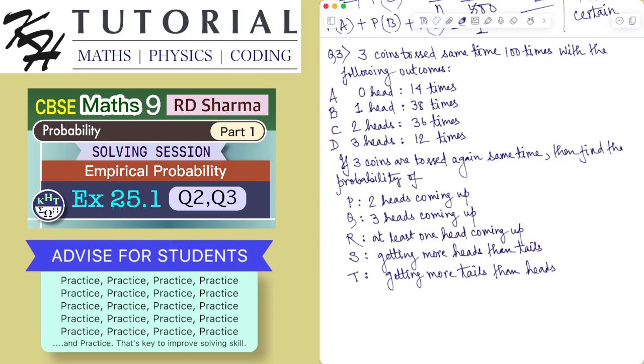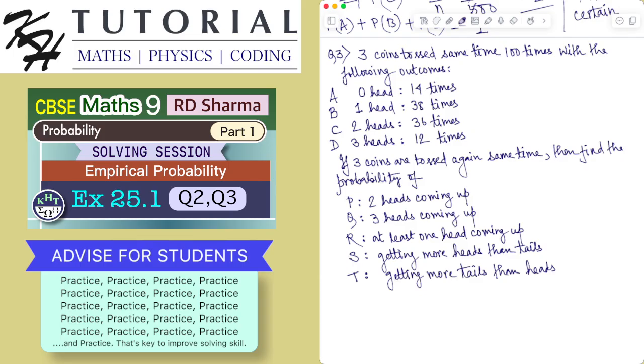So event D means all heads, 3 heads, that is 0 tails. Event C means 2 heads, 1 tail, and event B means 1 head, 2 tails, and event A means 0 heads or all tails.